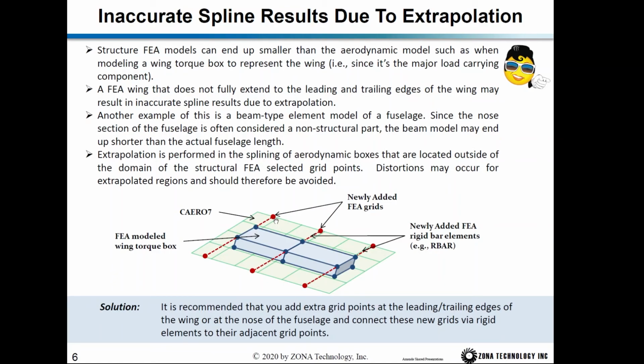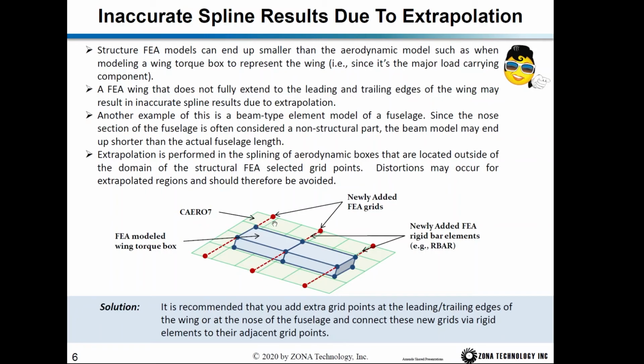To avoid this, in the structural model, you have to create additional structural grid points along the leading edge and along the trailing edge. Then you connect these additional grids to the wing box model using either rigid elements or RBE3 elements.